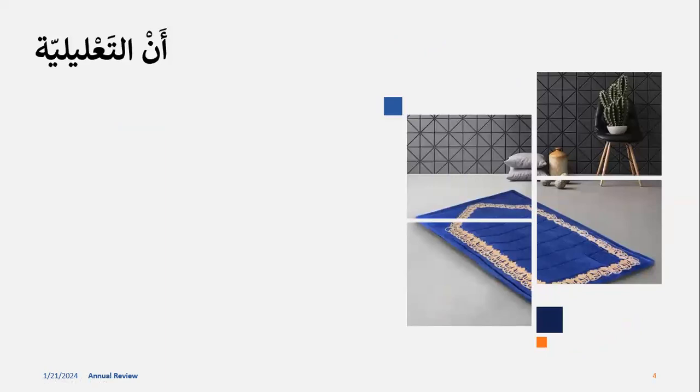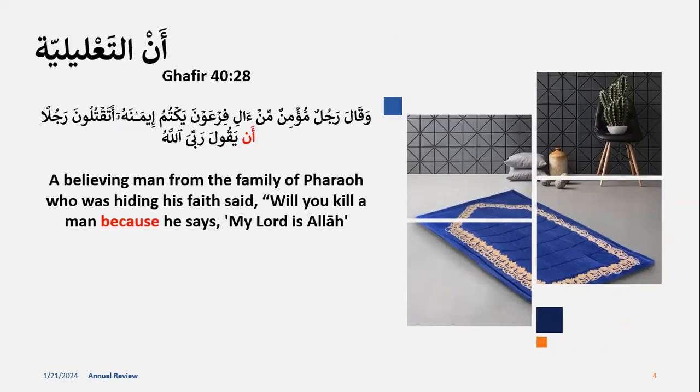Now let's look at an at-taliliya, an of reasoning. Over here, waqala rajulun mu'minun min ali fir'auna yaktumu imanahu ataqtuluna rajulan an yaqula rabbi Allahu.